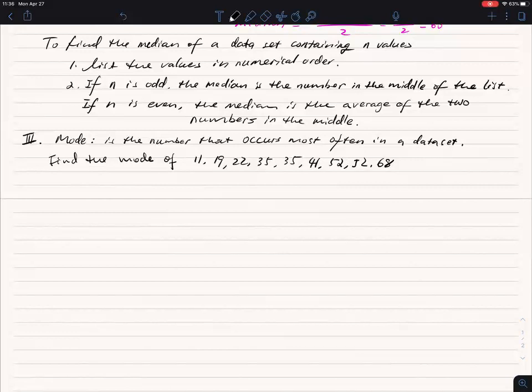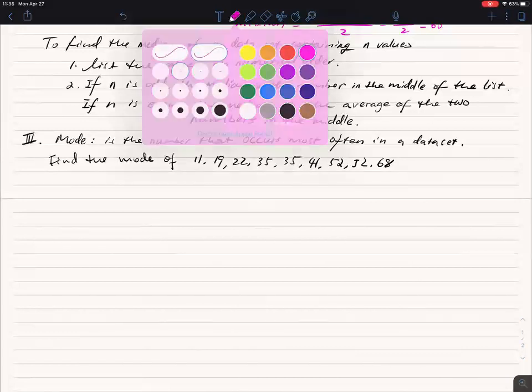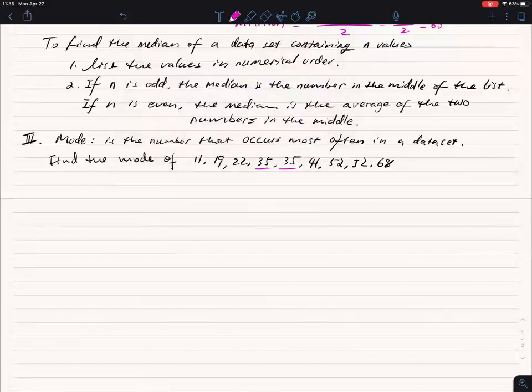Let's look at one at a time. 11 appeared only once, 19 only once, 22 once, 35 twice. Okay, 35 twice. So at this moment, 35 is the number that occurs most often. Then you look at 41 just once, 52 twice, 68 only once.